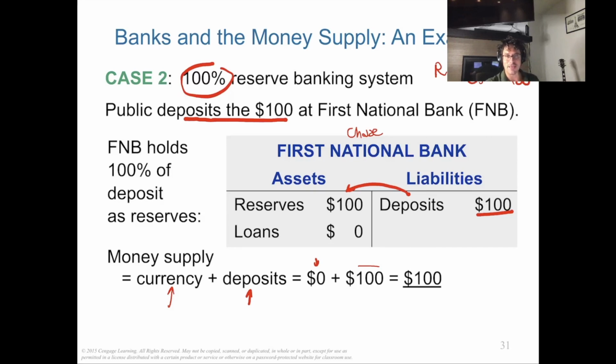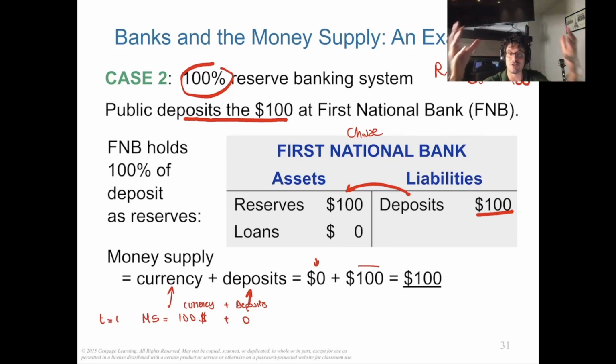Now, let us actually take a step back. Let's suppose that in period t equal 1, the money supply is equal to $100 in terms of currency, and 0 deposits. So it's a world in which the Federal Reserve injects $100 into this system, say by throwing $100 from a helicopter.